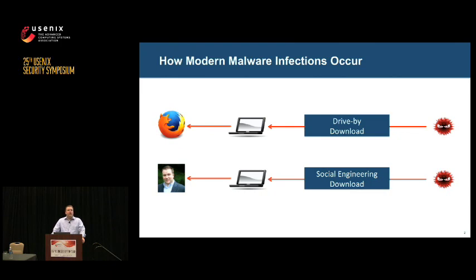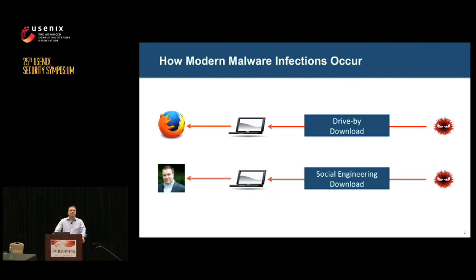The other way machines get infected is through social engineering attacks. In this case, the user is browsing the web and they come across content that uses deception and persuasion techniques to convince the user to voluntarily download and install the malware. So it's an attack against the user and not the software.